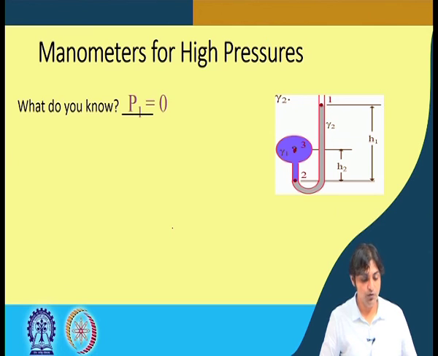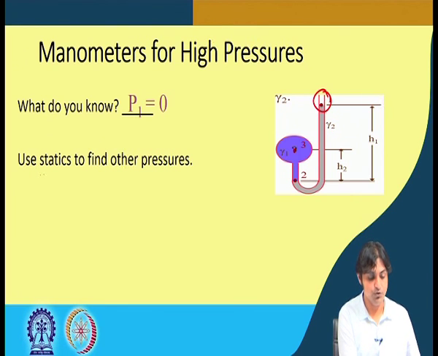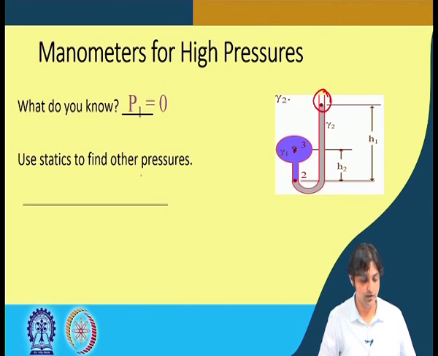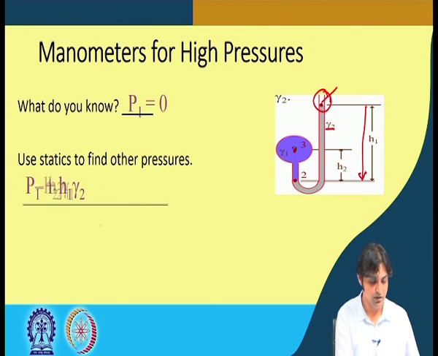So what do we know? We know that pressure at 1 is 0 because this is exposed to atmosphere. We have to use statics to find the other pressures here. So the pressure here is P1 plus H1 gamma 2, because in the same fluid the pressure is increasing in this direction.